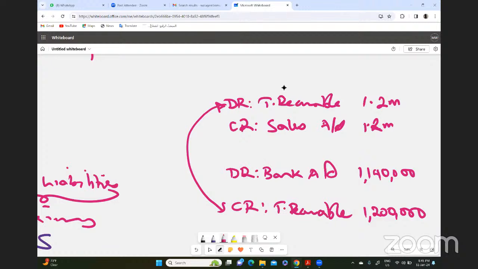Are we together? Because there would be no other way you would tell us that you have received less than what you recognized, unless there is an expense that has been incurred there. So a discount allowed is an expense. Are we together? So the discount allowed of 60,000 is the expense. And expenses increase by debiting.